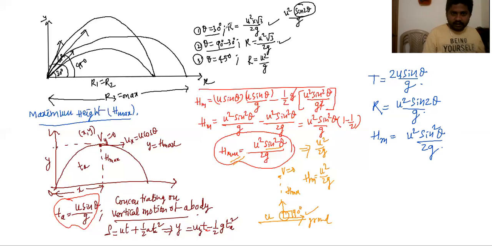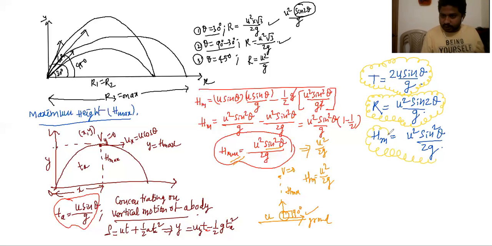So these are the three important expressions related to the parameters of the projectile motion. Very important. There are so many cases involved in this chapter related to these formulas. We will be doing the numericals also now.